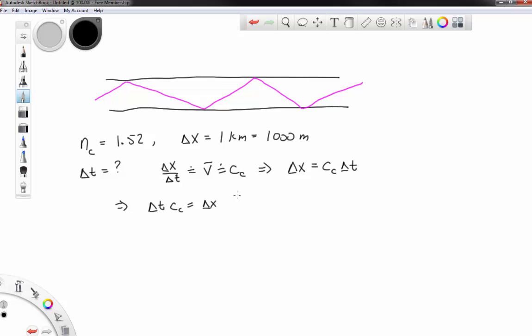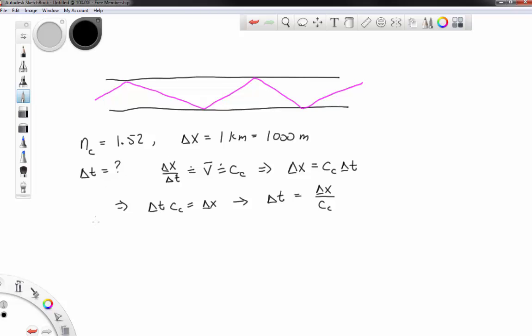I write this extra step because I know a lot of you get lost on that step sometimes. So that means that the time it takes should be delta x over c. So the time it takes to get from one end of the fiber to the other is the path length traveled by the light divided by the speed that the light is traveling at.